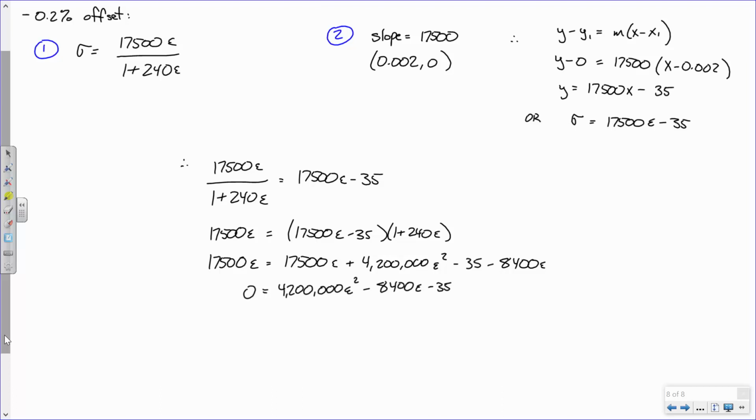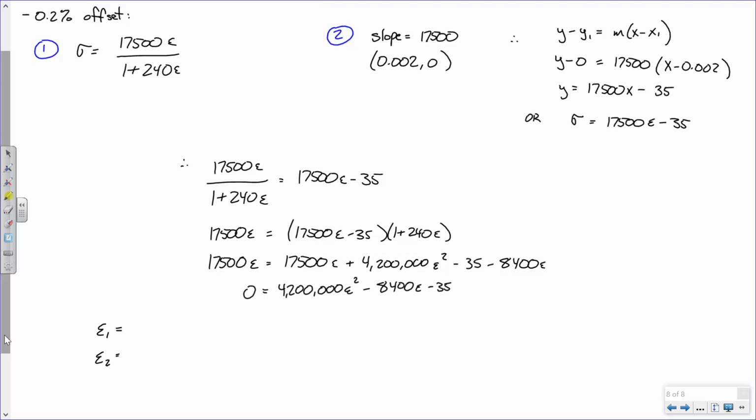Before we do that, what are we solving for, a stress or a strain? We're solving for a strain, so we're going to get some really small numbers, and that's okay. You tell me what you get. We're going to have two answers, epsilon sub 1, epsilon sub 2.